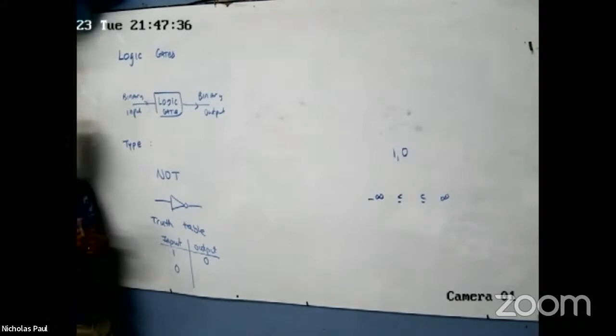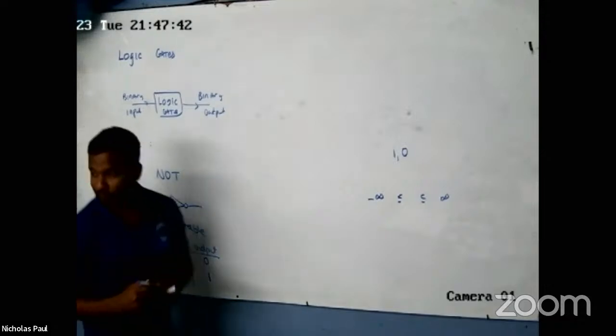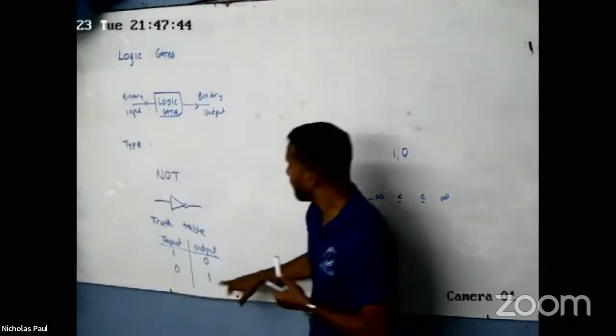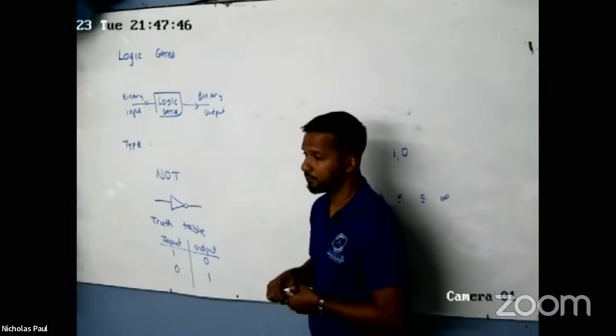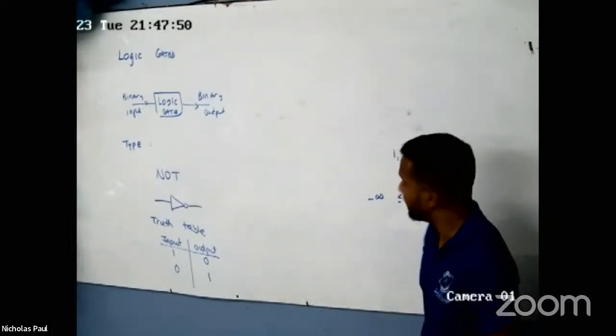NOT will always flip the input, so 1 will give you a 0, and 0 will give you a 1. So that is the truth table for the NOT gate. And we have 4 more gates to go.